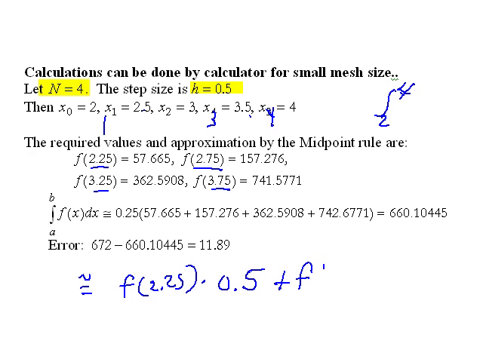Then you would have f at 2.75, the value of the function there, that's the height of the rectangle, times the width of the rectangle, etc. When you add all those up, your answer is not that bad. 660. It's off by, and this is just a crude error, not the relative error, it's off by about 12. So that's your midpoint calculation with a very coarse mesh of 4.